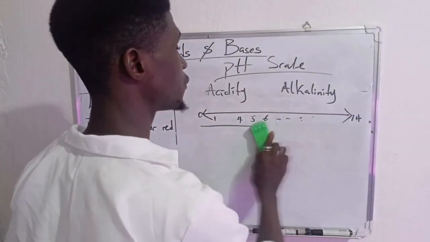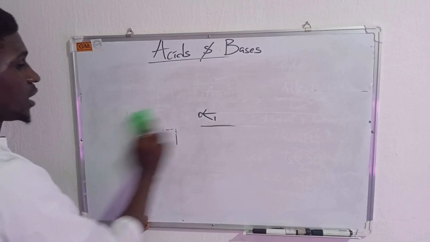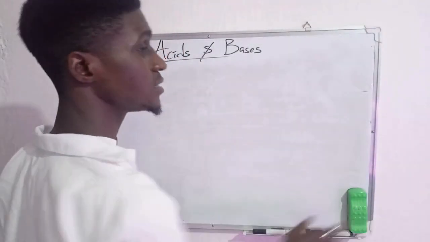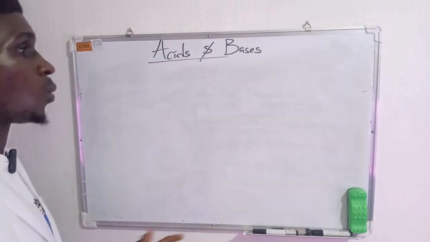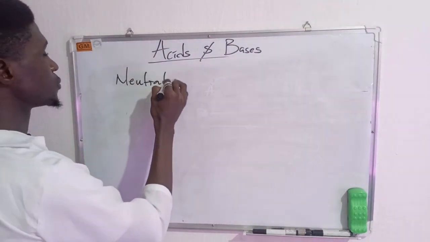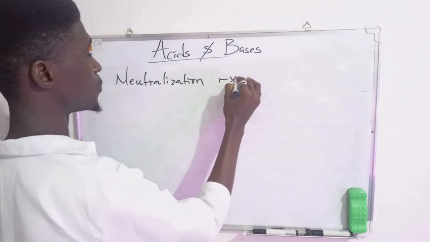Now let us briefly discuss bases. Bases are substances that neutralize acid to form salt and water. This is called a neutralization reaction.